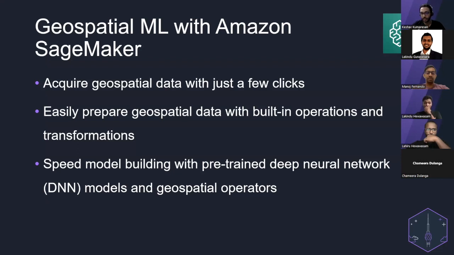There are two types of geospatial data, vector data and raster data. But the problem is when you want to do machine learning predictions using this data, say, if there was a natural disaster and you want to predict how far the damage is done in a particular geographic location.